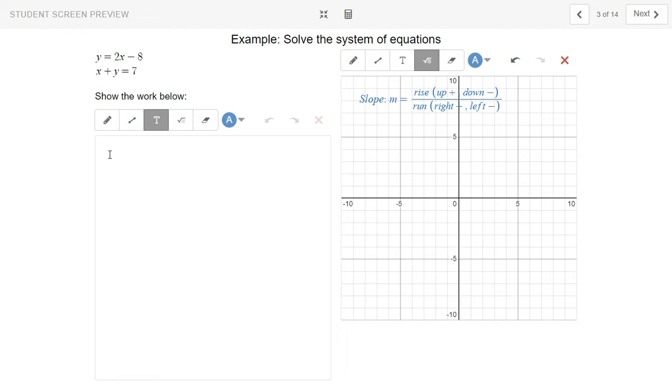Okay, let's look at our first equation here. Equation 1, we have y is equal to 2x minus 8. Now remember, m is the slope, and the slope is always the coefficient of the x term. So in this case, I have m is equal to 2. But since it's not written as a fraction, it is more convenient for us to rewrite it as a fraction so that we can get the rise and run.